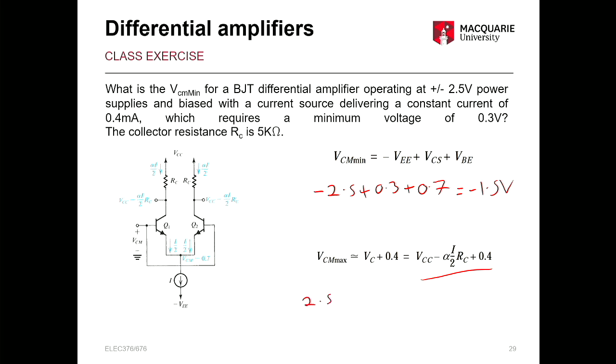So that would be 2.5 minus, we'd assume alpha equal to 1. And we get to 1.9 volts.